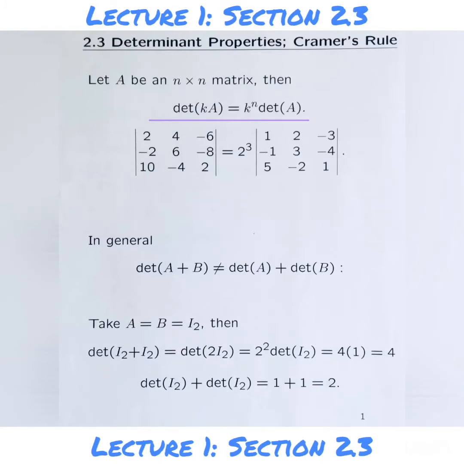Now I would just like, for interest's sake, to look at the derivation of this identity, because it's always nice to know where things come from as opposed to just learning them off by heart and applying them.